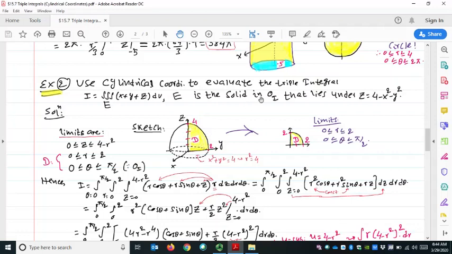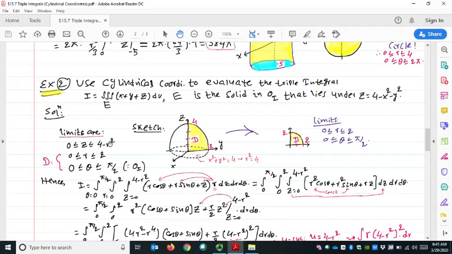Obviously for the z limits in the first octant, z is greater than or equal to 0 as the lower boundary, and the upper boundary is just the paraboloid, z equals 4 minus, in cylindrical coordinates, x square plus y square is r square, so z lies between 0 and 4 minus r square.